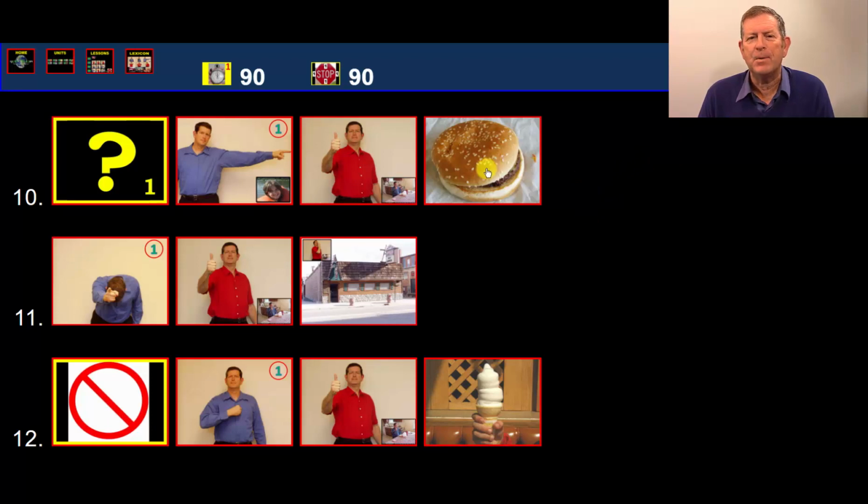Here we have hamburger. Make the question. I heard some people say do she. It's not do. With she, we have zzz. So does. Does she eat or does she like? Does she like hamburger? Number 12. This is ice cream.